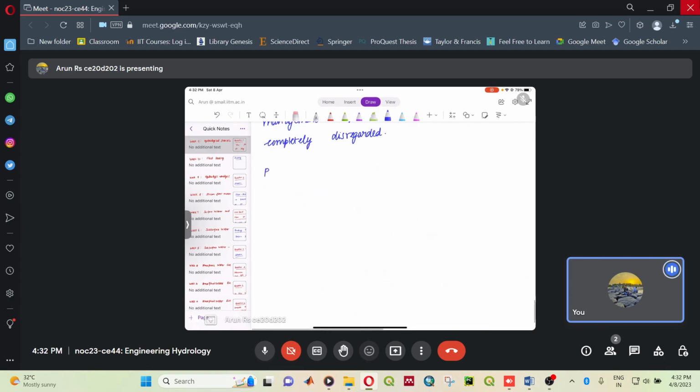So we can find out the probability. Probability of improving the structural measures into, we are not going to improve the non-structural measures.